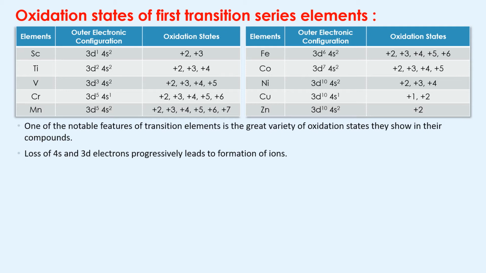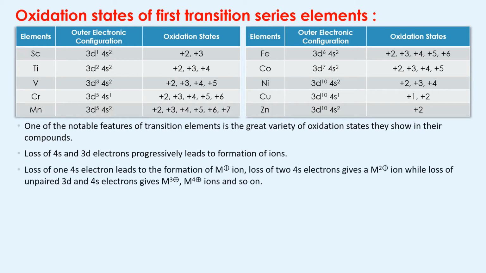So transition elements always show a variety of oxidation states in their compounds. Now see, when we take the example of forming an M+ ion, how do they form M+ ion? They lose one electron from 4s.